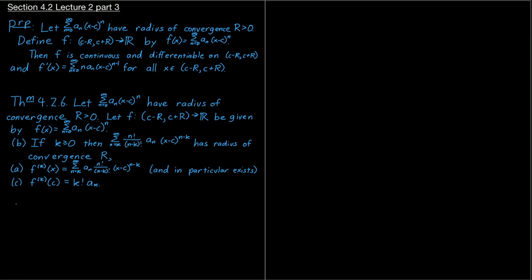So the last topic in this section is the following question. We've seen that if you start with a power series with positive radius of convergence, that gives you an infinitely differentiable function. Can you go the other way? If you start with an infinitely differentiable function, do you necessarily have a power series?